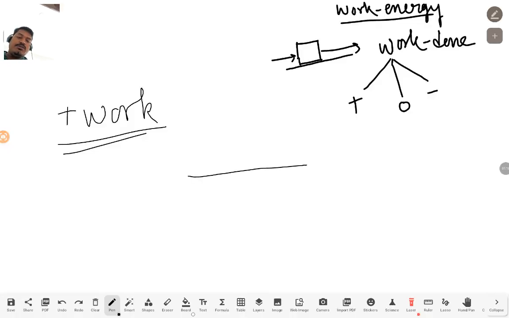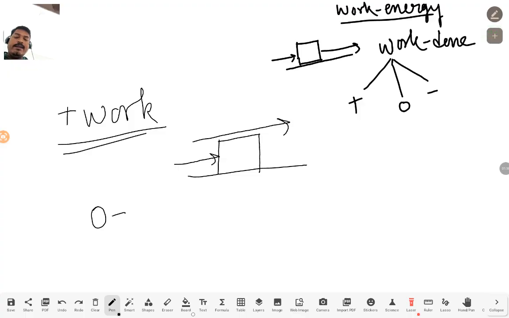Suppose there is an object. If you apply force from that side and the object displaces in the direction of the applied force, it is called positive work done.